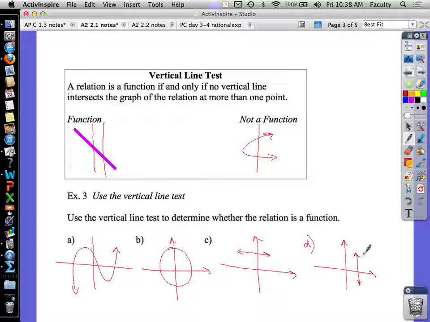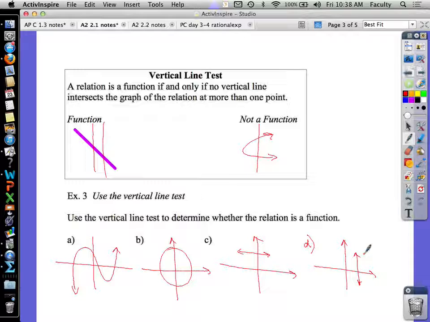If you have your graphing calculator with you, you're going to need to take that out in a moment, so find it. Alright, let's look at letter A.